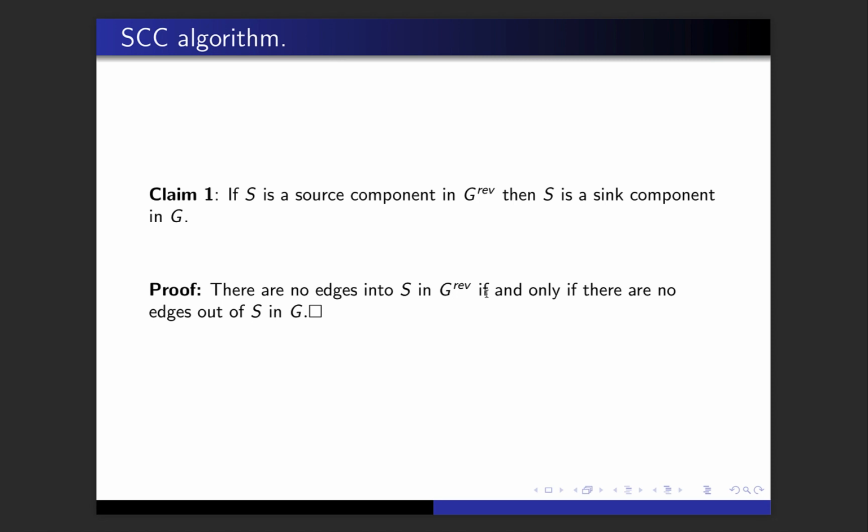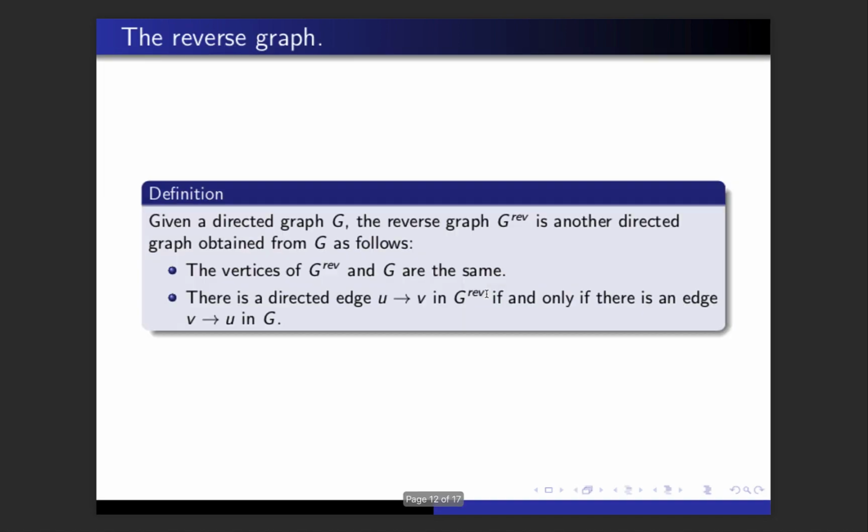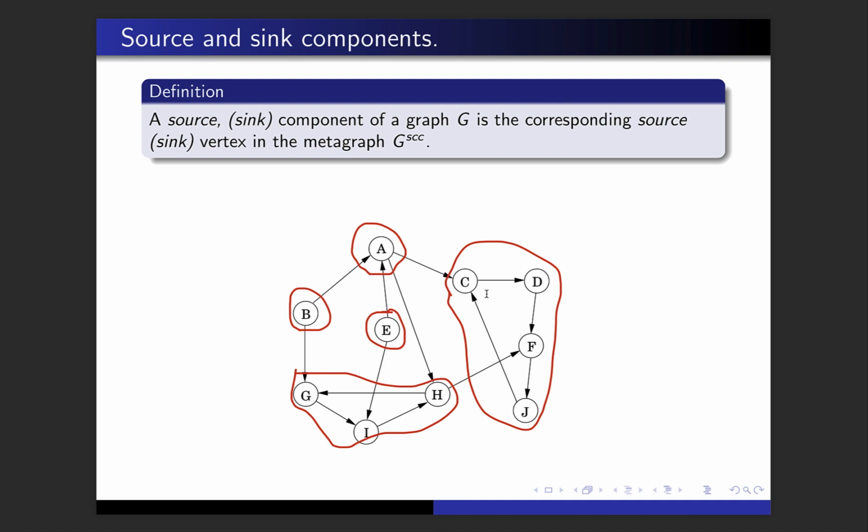So the meta graph of the reverse graph is flowing in one direction, and the meta graph of the original graph is flowing in the other direction. Of course, you are reversing the edges. What is a sink in one graph is a source component in the other graph, and vice versa. And I told you before that I want to identify a sink component in a directed graph.